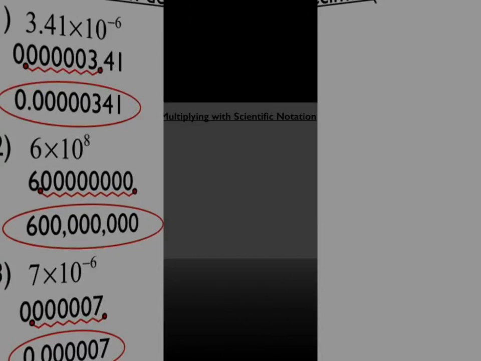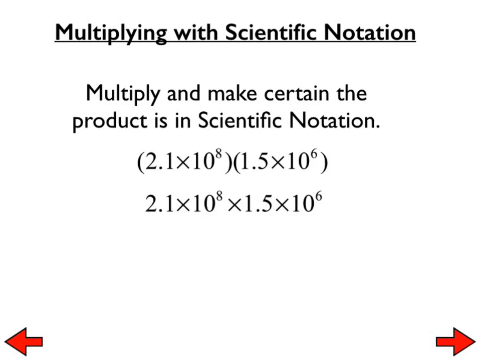So we've got the basics of scientific notation down, but what if you were asked to multiply two numbers in scientific notation, like this problem? Well, there are many reasons in math why we have properties, and one of the properties that we use frequently is the commutative property, and it allows us, if we have a straight addition or straight multiplication problem, to rearrange numbers.